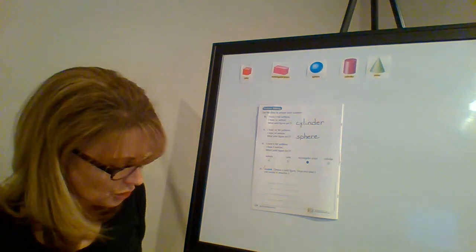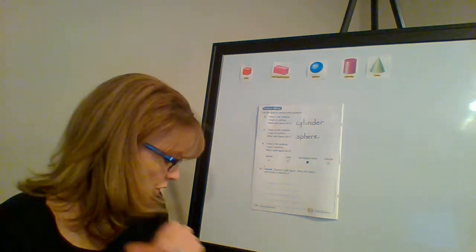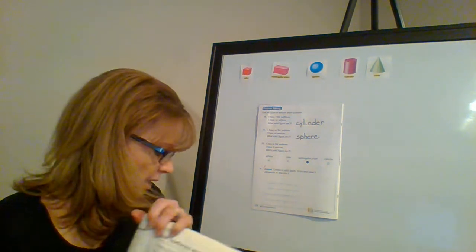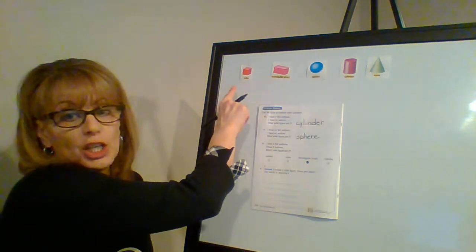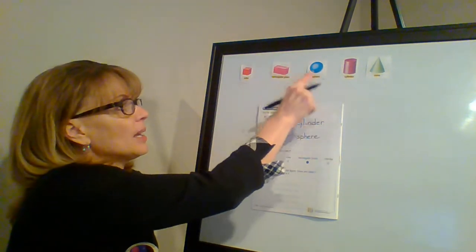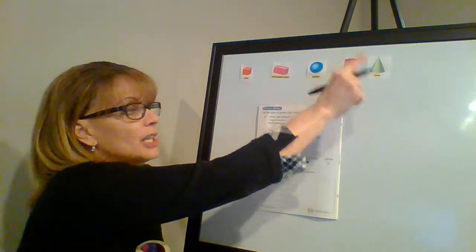Okay, so for your homework, I have asked you to just do page 121 and send me a picture. But I would say the best way to do this, don't just copy from here. You're not going to understand it. Look around your house. Try to find an example of a cube, a rectangular prism, a sphere, a cylinder, and a cone.